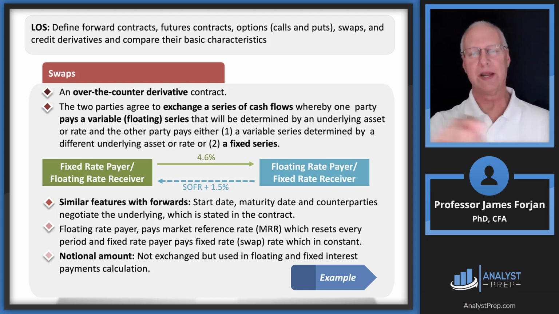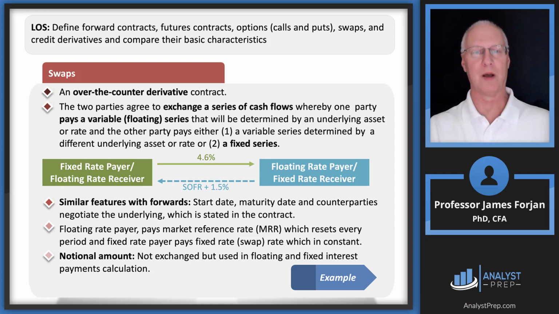So notice the green arrow is fixed, that's 4.6 in this example. The blue arrow is dotted because that's going to change every year, and that's the secured overnight financing rate plus 1.5%. And that plus 1.5% probably has a lot to do with the default risk associated with either the two parties or the underlying asset or some kind of default risk in there.